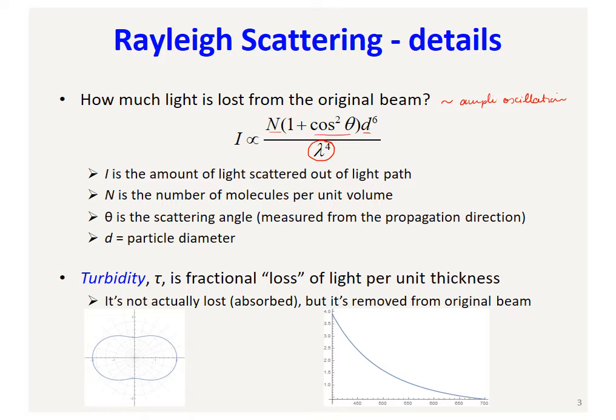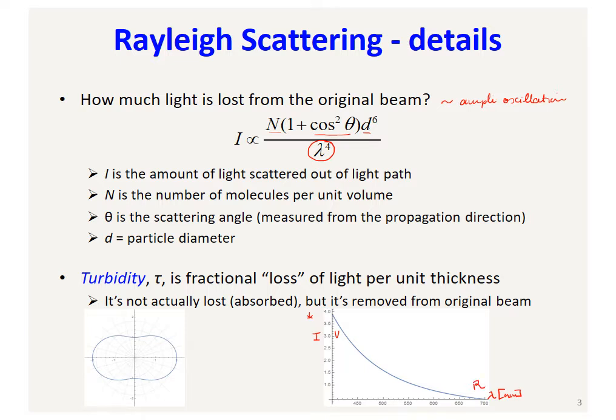So in the graphs down the bottom, you can see on the right how the intensity of the light that is scattered away from the original beam depends on the wavelength in nanometers here. You can see that the violet end is much more readily scattered away than the red end.